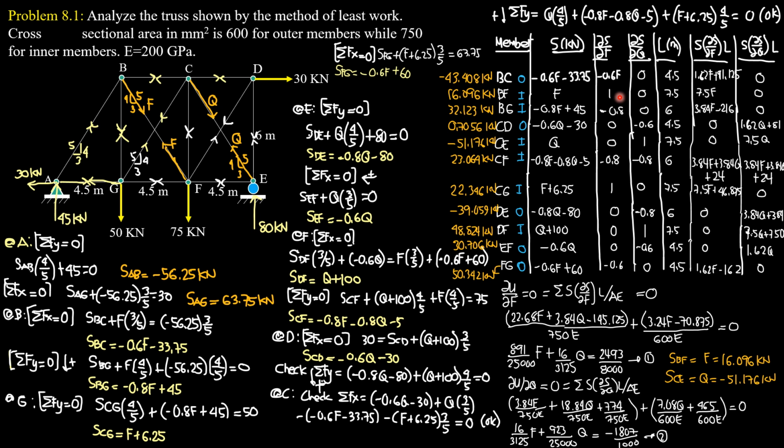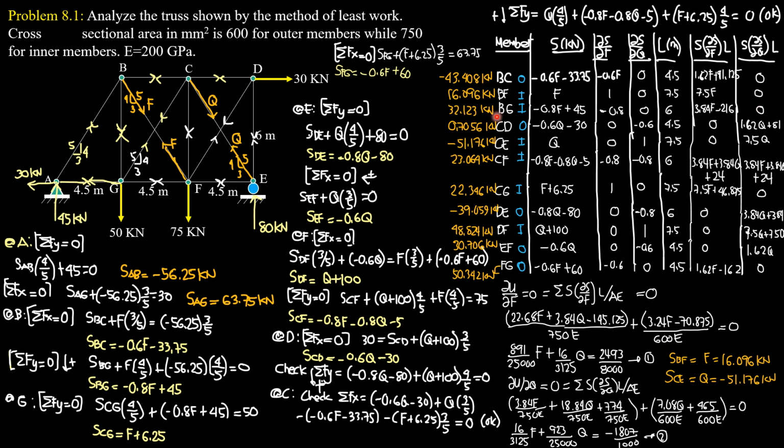So derivative of S with respect to F is 1. Partial derivative of S with respect to Q is 0. Length of BF is 7.5, square root of 4.5 squared plus 6 squared. So 7.5. The product S, partial of S with respect to F times length is 7.5F, while S, partial of S with respect to Q times L is 0.